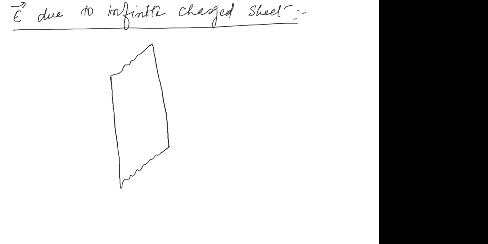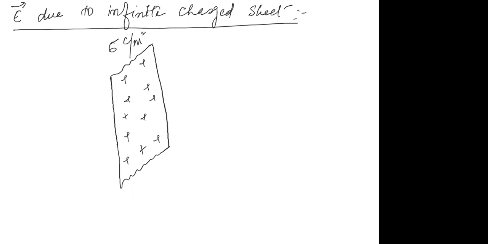Suppose you are supposed to find the electric field at this point, somewhere here. So how will you find the electric field at this point? And let the charge density of the sheet be sigma coulomb per meter square.